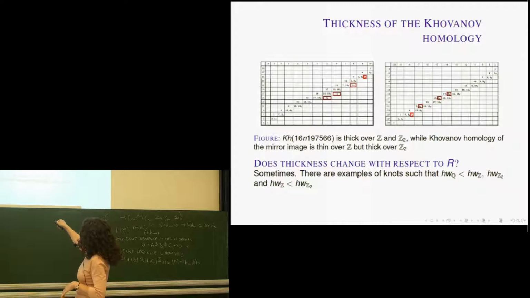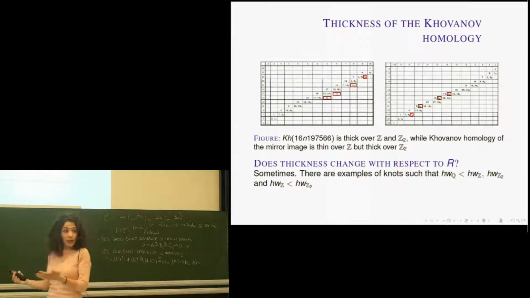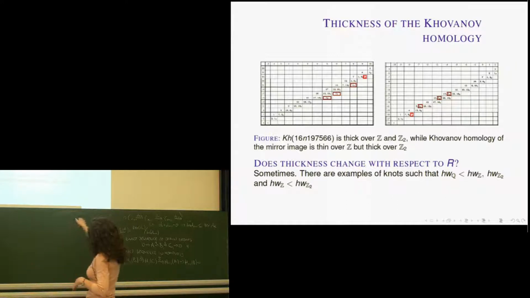You can see that there's this diagonal, the top one, and this one goes through the middle, but these red entries require yet a third diagonal. They're off. However, when you take the mirror image, because of the universal coefficient theorem, things get shifted, and now these entries that belong to this torsion will become a part of either this lower diagonal or the upper diagonal. So the mirror image is actually going to be thin.